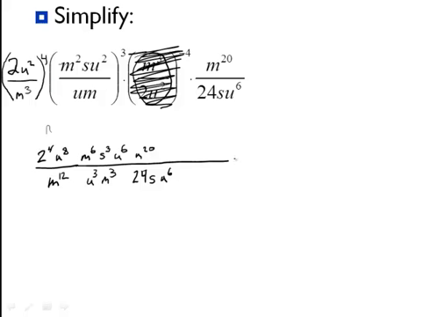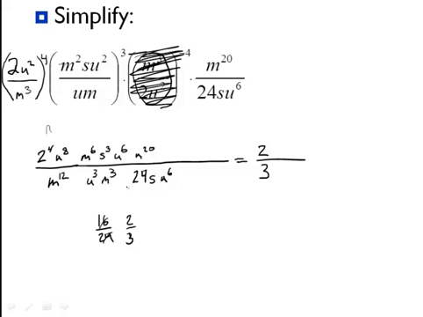If we look at the numbers, I've got 2 to the 4th on top and 24 on the bottom. 2 to the 4th is 16 and 24, and that can be reduced easily enough. Divide both sides by 8, and we've got 2 thirds. And so number-wise, I'll end up with a 2 on top and a 3 on the bottom.